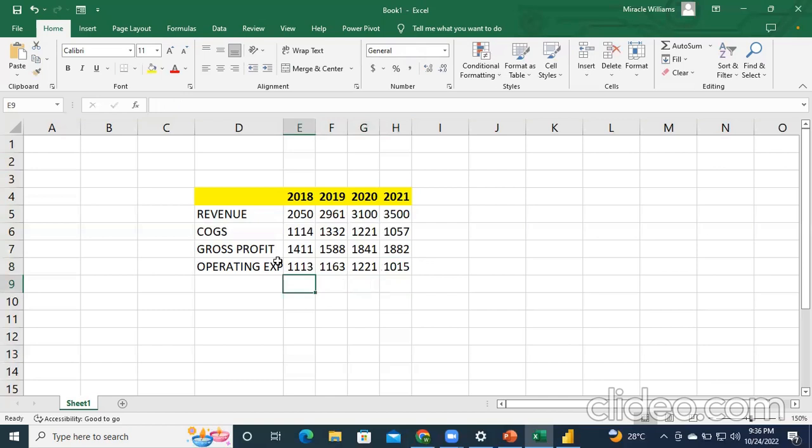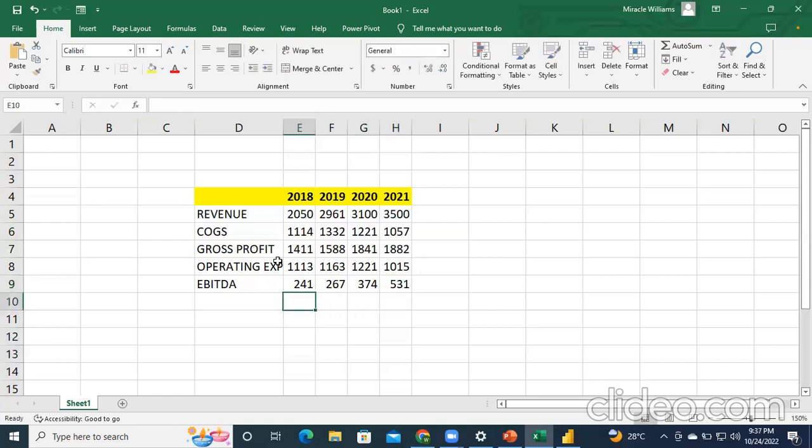And let's say we're also given our EBITDA, earnings before interest and so on. EBITDA is given as 241.22 for 2018, and for 2019, 266.71, for 2020, 374.47, and for 2021, 531.13.